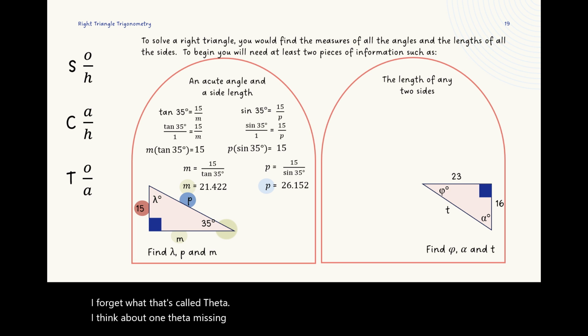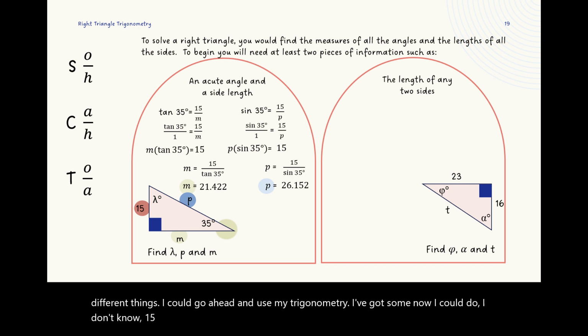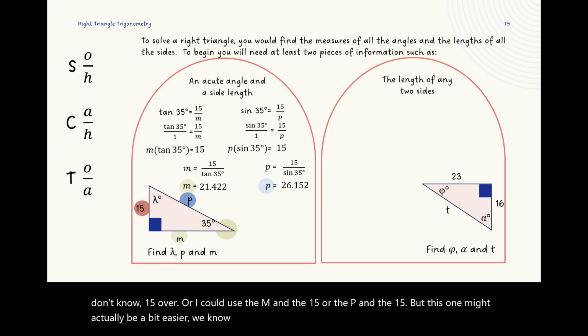Missing value of theta. So now, in order to do that, there's a couple of different things. I could go ahead and use my trigonometry. I could use the m and the 15 or the P and the 15. But this one might actually be a bit easier. We know that the three angles of a triangle have to add up to 180.